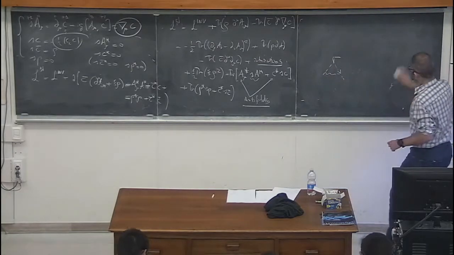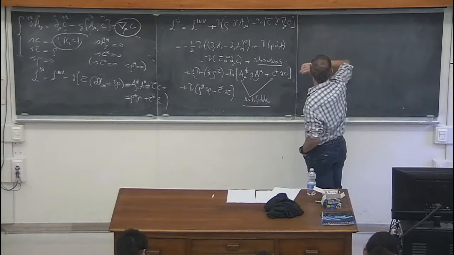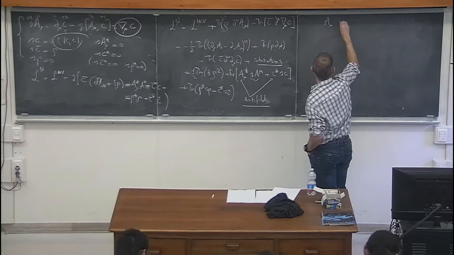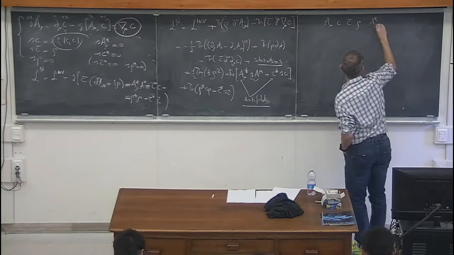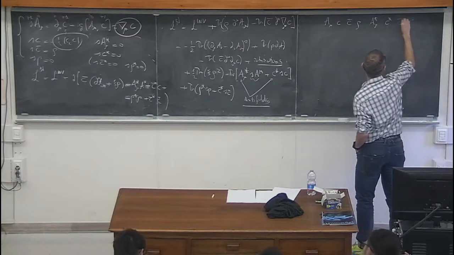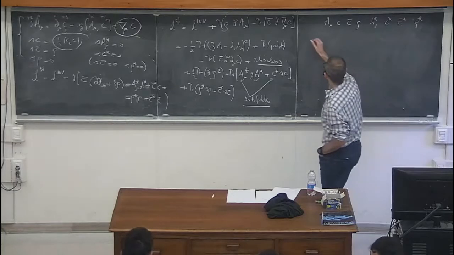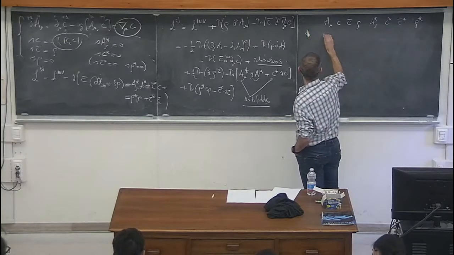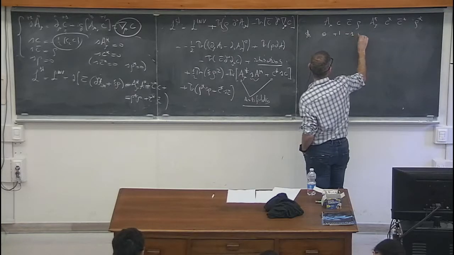So let me make a table now. Let me make a table. We have the following: A mu, C, C bar, rho, A mu star, C star, C bar star, and rho star. Now let's say the Gauss number, the ghost number. This is 0, plus 1, minus 1, 0.